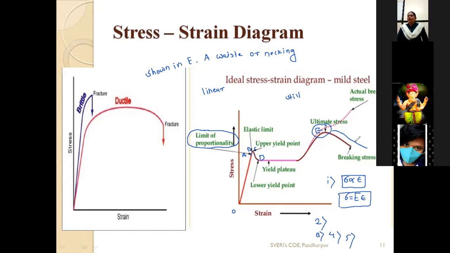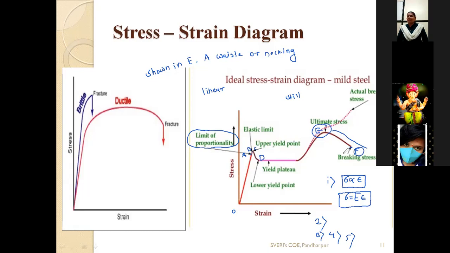So as the extension is increased, the load required decreases and the specimen breaks at point F. Full stop.